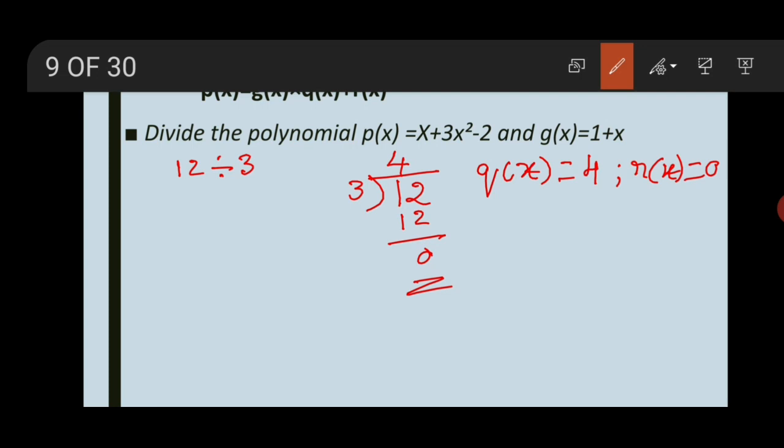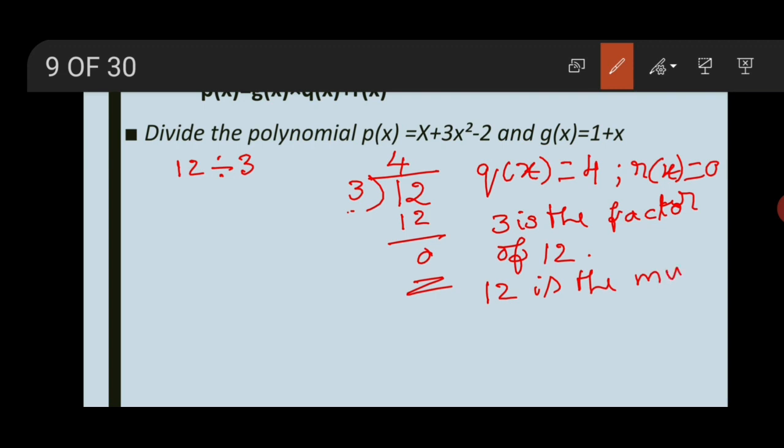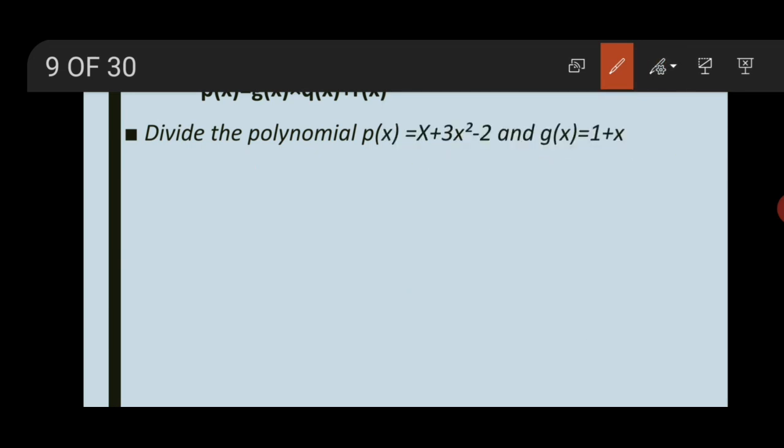Now, if you get 0 as the remainder, then we can say 3 is a factor of the given number, a factor of the dividend 12. Also, we can say 12 is a multiple of 3 also, right? Okay, remember.